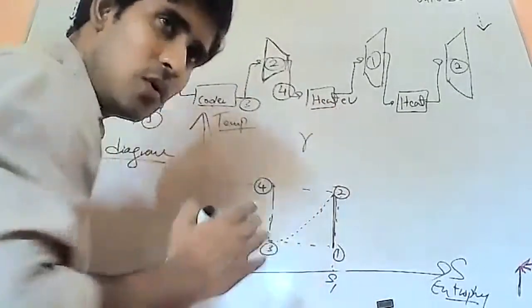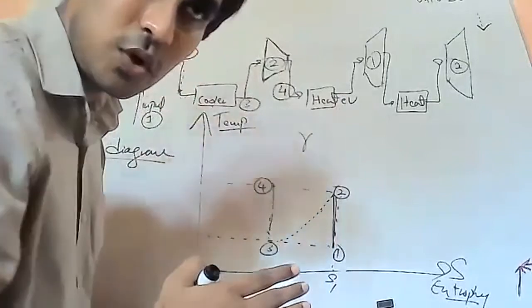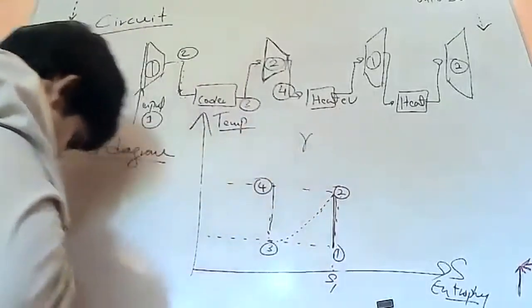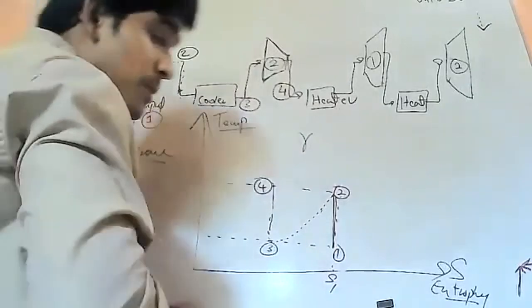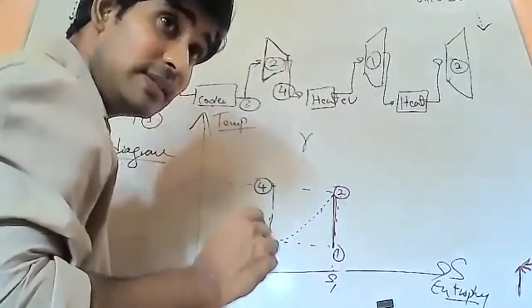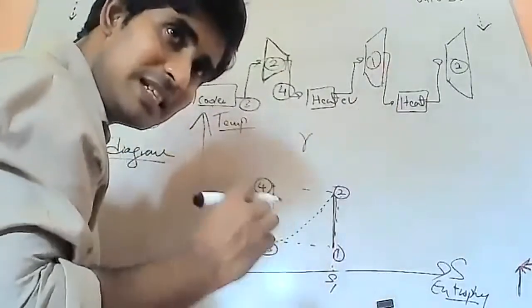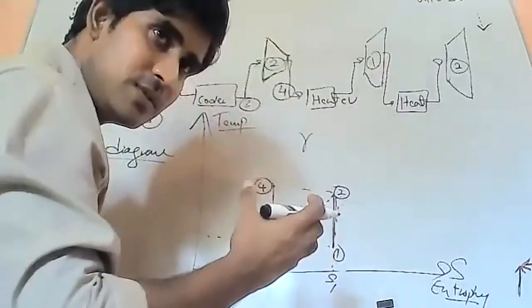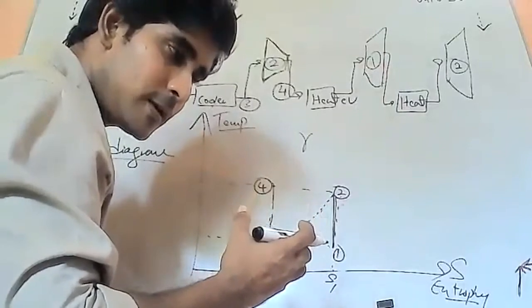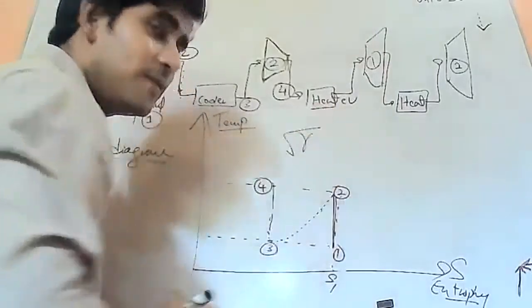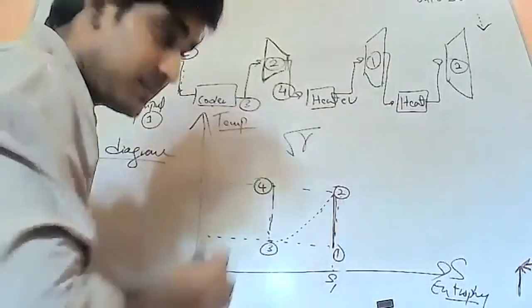Say R is the overall compression ratio. Now, according to the perfect intercooling scenario, the compression ratio between each of the compression stages equals the root of R. Understand?